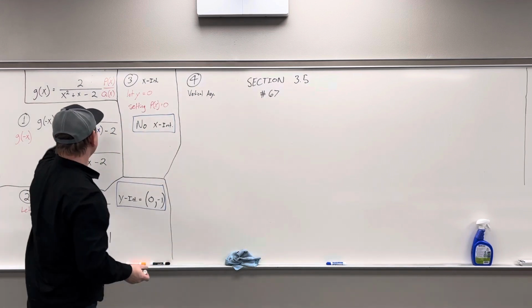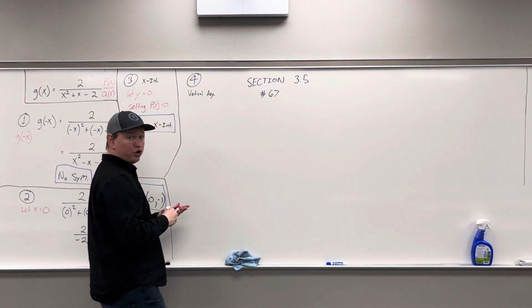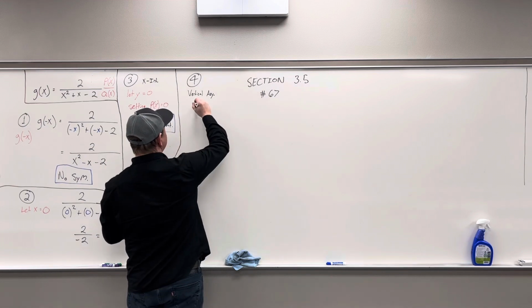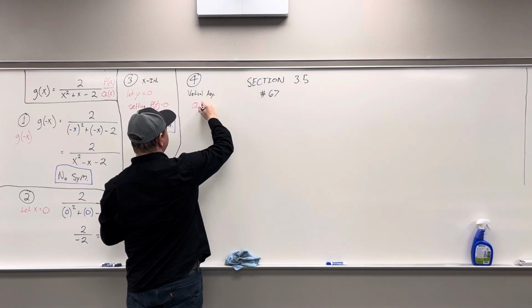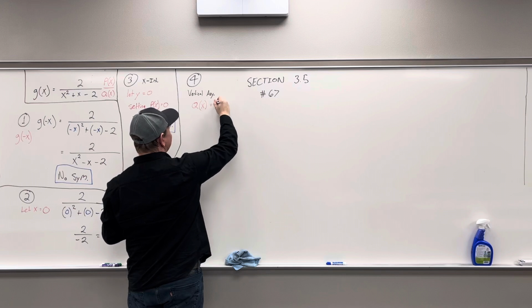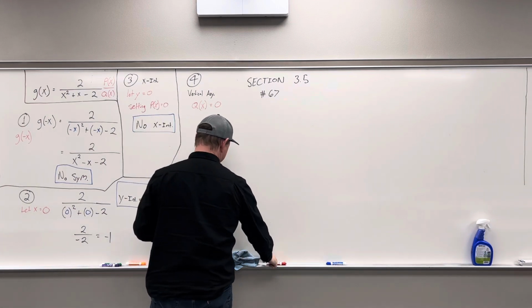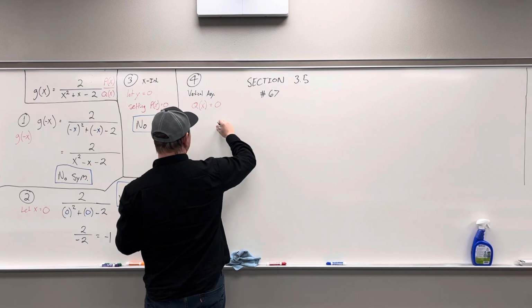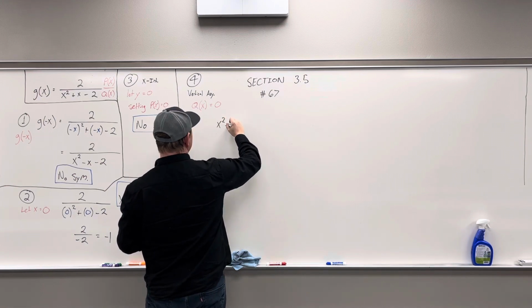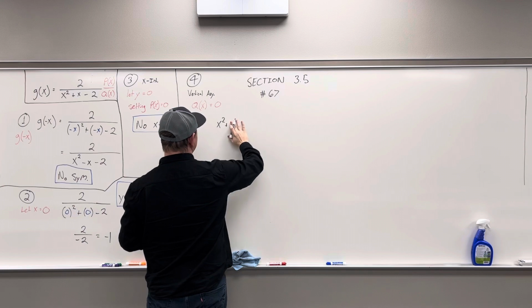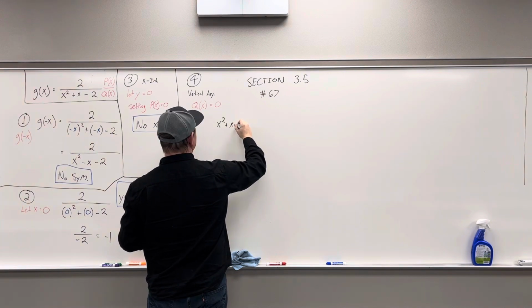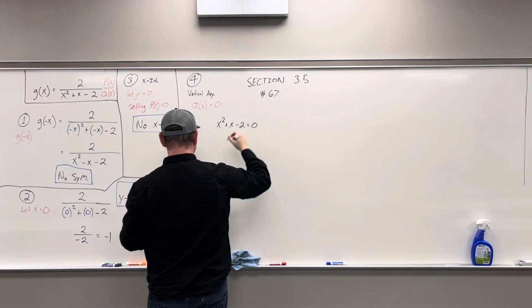So we're going to take the bottom, which is also our q of x, part of that fraction. So if we have q of x and we set that to 0, we would have x squared plus x minus 2 equals 0.